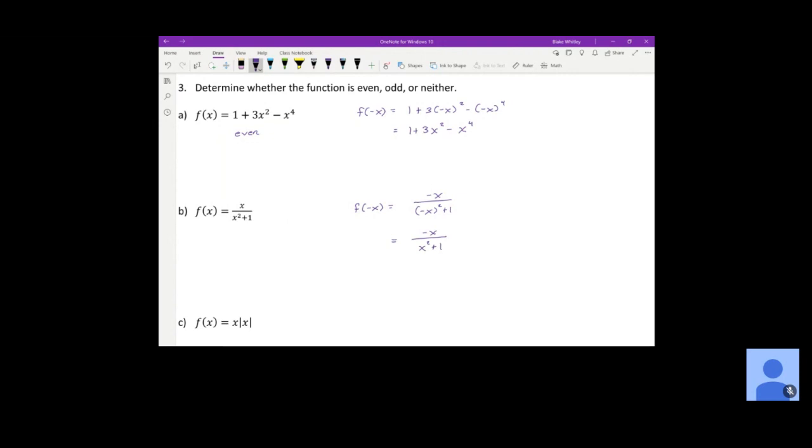So first off, is that the same function we started with? No, right? So it's definitely not an even function. Is it the opposite of the function we started with? So I'm getting some yeses and some no's here, right? It is actually the opposite of the function we started with, right? And let's think about why. If I had the fraction 1/2, what's the opposite of 1/2?